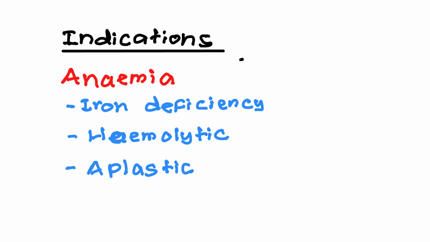Aplastic means that not only the hemoglobin but all the blood components, like platelets and WBC, are generated in very limited amounts. This happens because of suppression of the bone marrow.